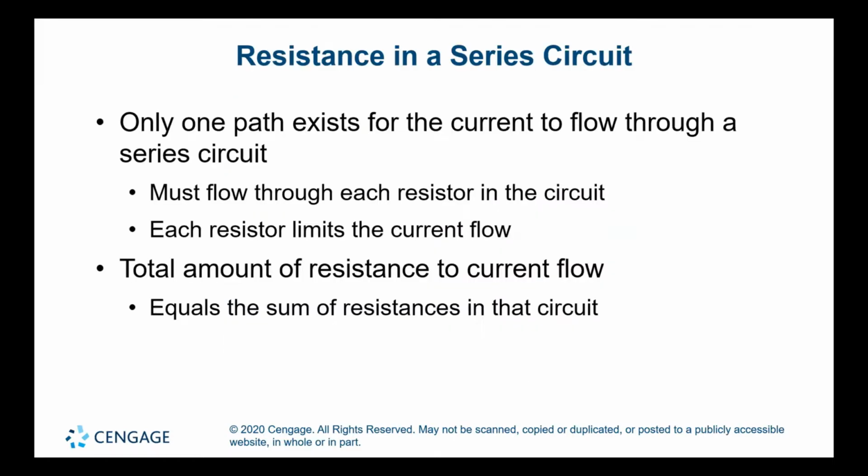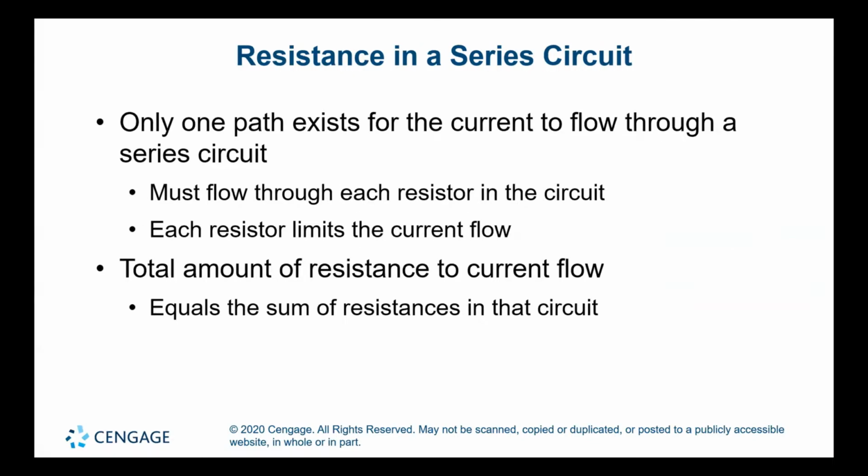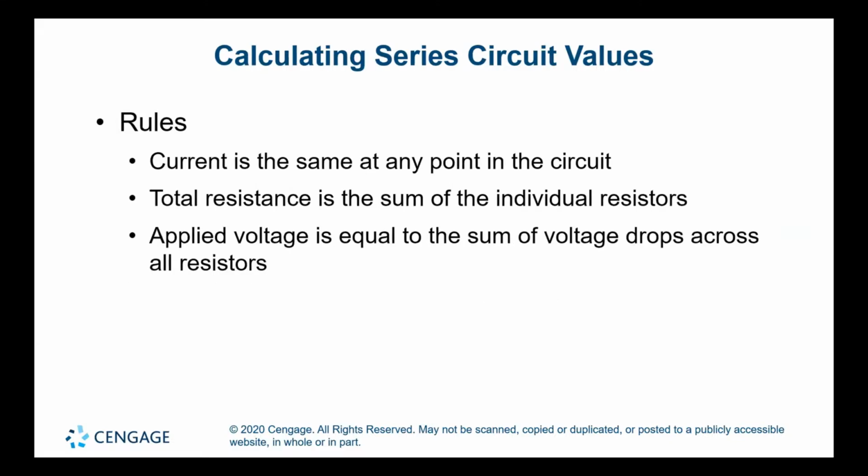In the case of rule number 2, the current is the same at any point in the circuit, and the total resistance is the sum of the individual resistors.